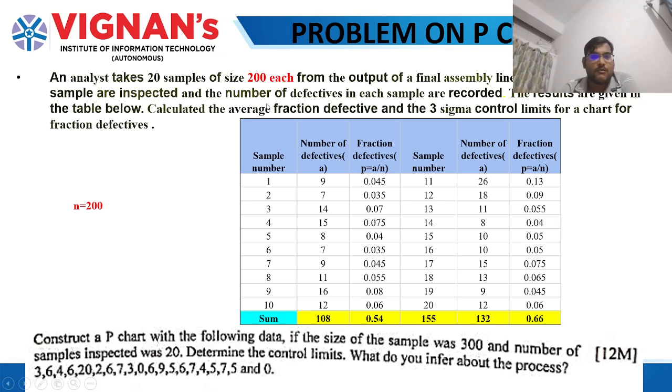The results are given in the table. Calculate the average fraction defective and the 3 sigma control limits.